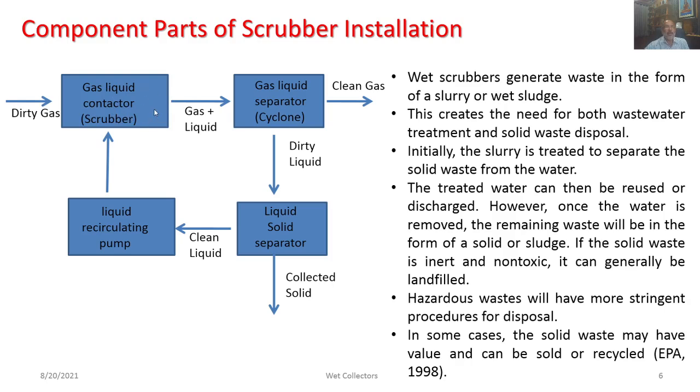Through that, the gas and liquid enter into the gas liquid separator, which is the cyclonic operation, from which the clean gas would enter into the atmosphere. If required, it could be preheated in order to make that plume invisible.